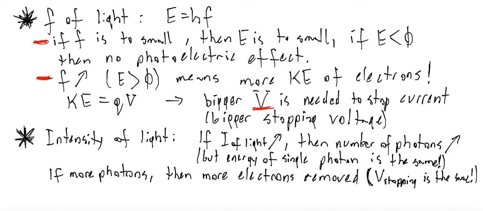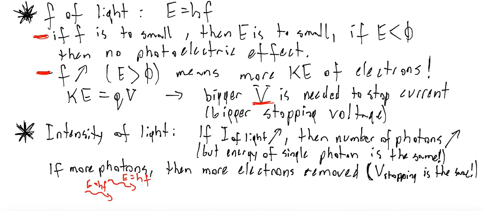Let's imagine that you have a light of one intensity, which is represented by two photons, each of energy h times f. By using blue, I'm going to sketch a light which is 2 times more intense. 2 times more intense means that we have 2 times more photons.